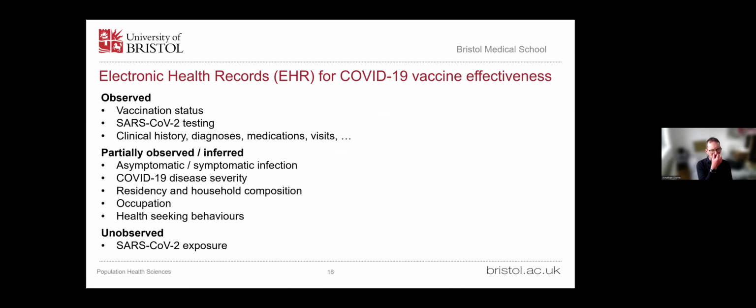So obviously there was huge interest in using electronic health record data to examine COVID-19 vaccine effectiveness, particularly since the randomized trials were incredibly successful, but there were really very small numbers of outcome events in those trials.